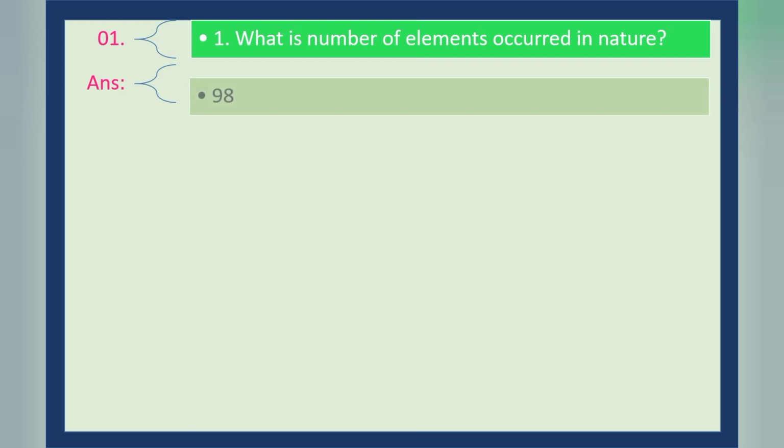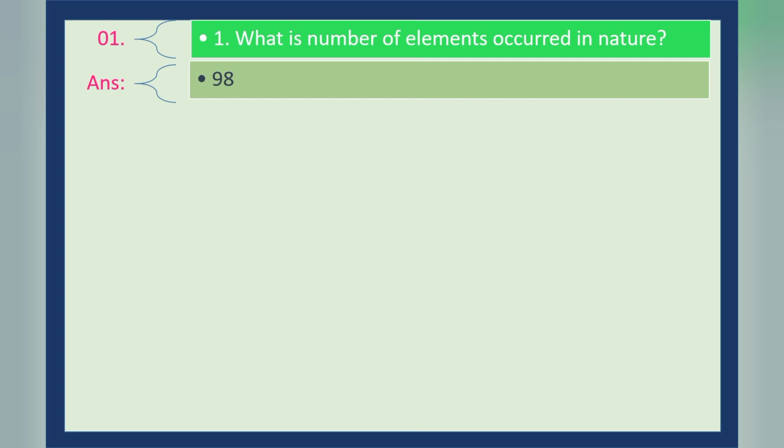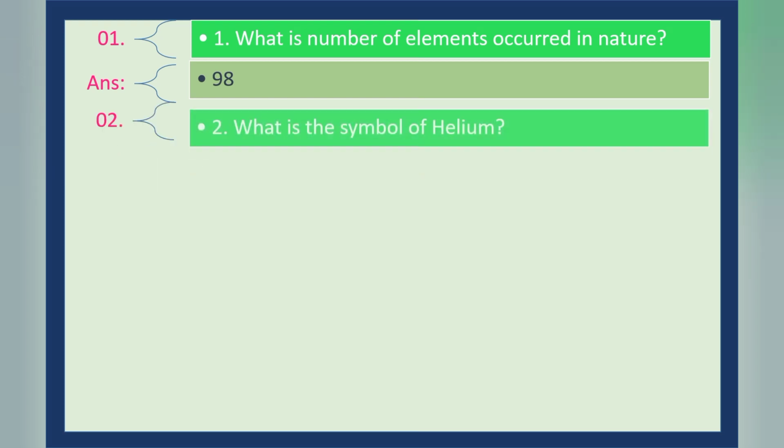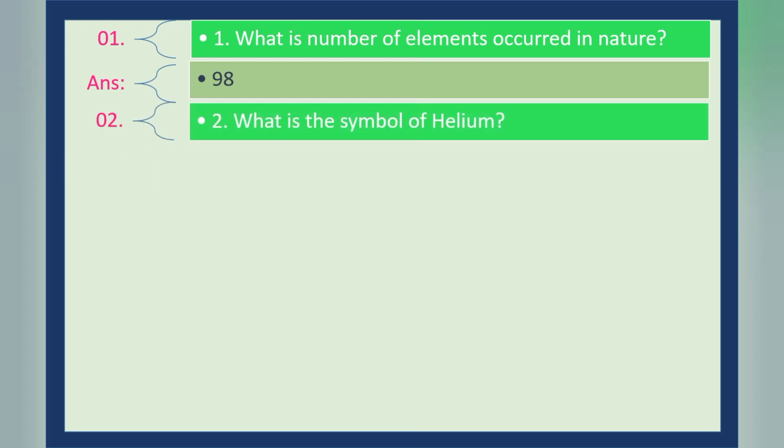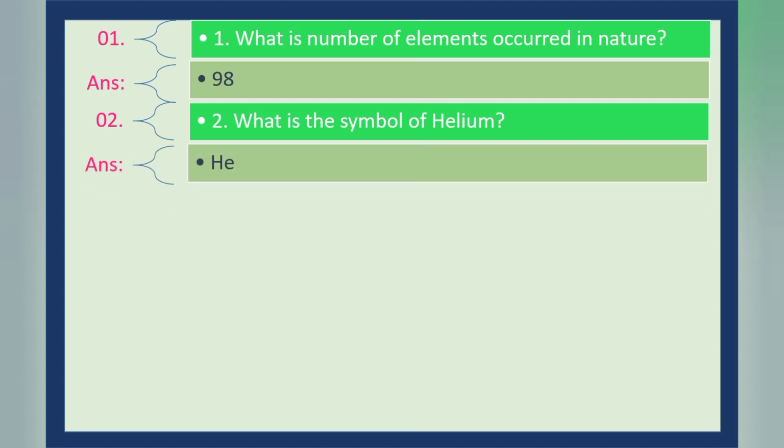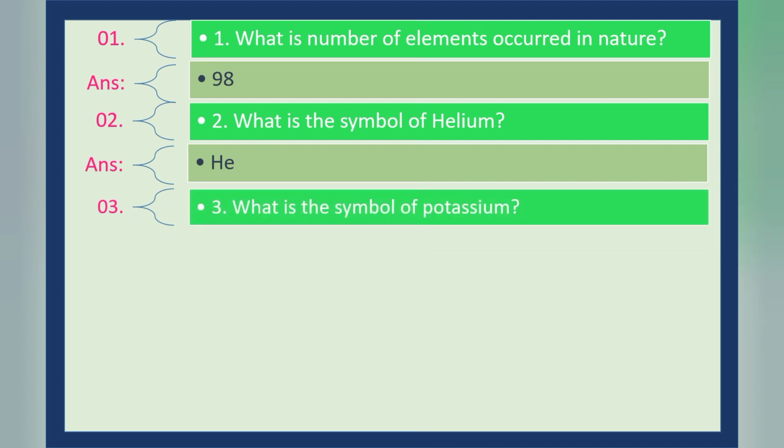There are 98 elements which occur in nature. Then, what is the symbol of helium? The answer is He.